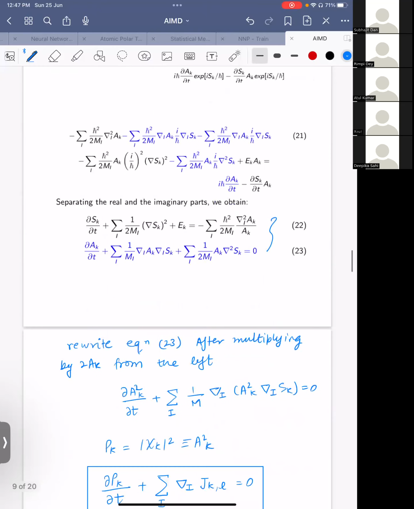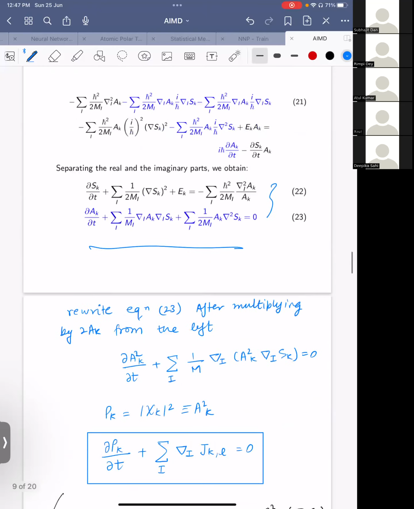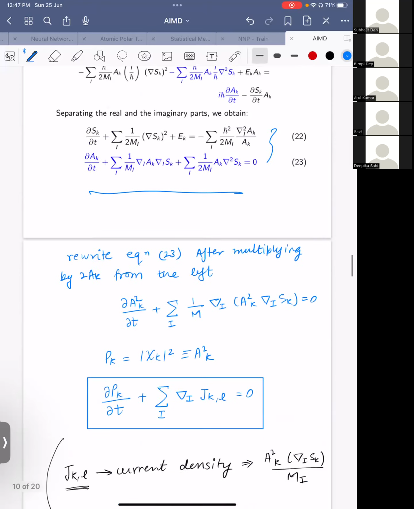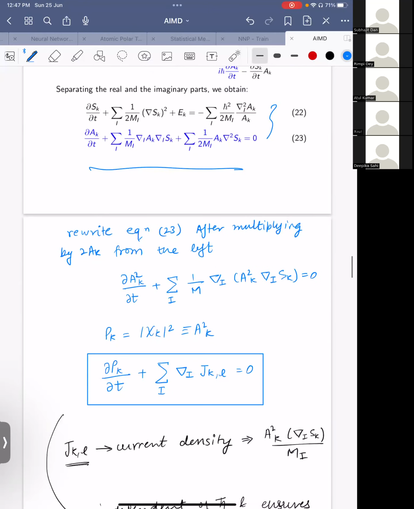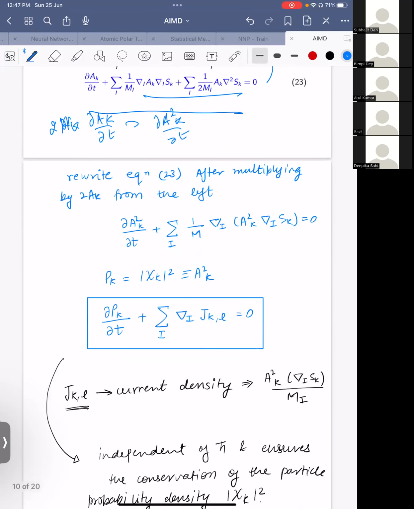First I will solve equation 23. In this equation, if we multiply by 2A_k from the left side, and similarly this part, we will get an equation like this.